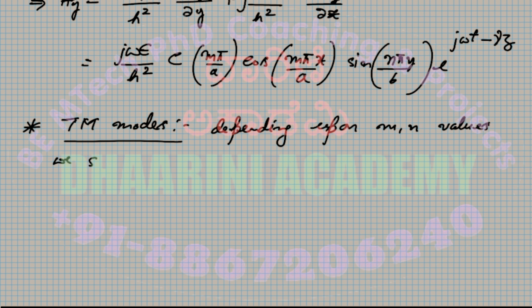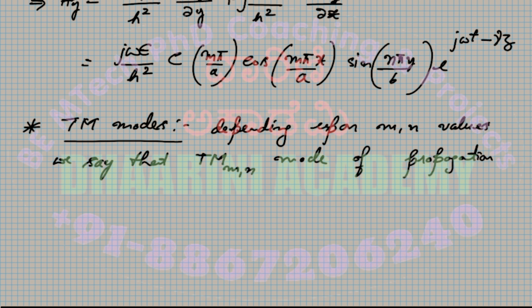We say that the TM m comma n mode of propagation inside the rectangular waveguide. So let us see what are the modes.